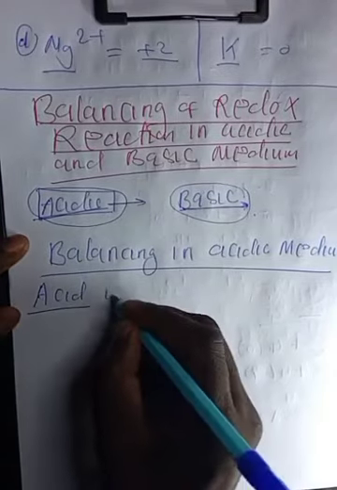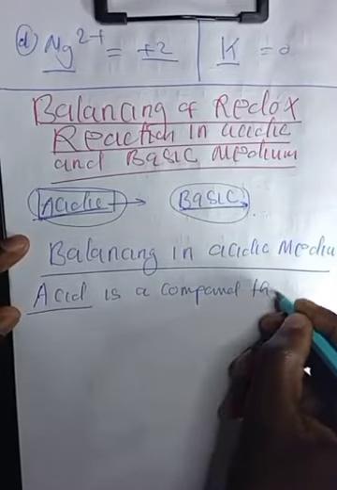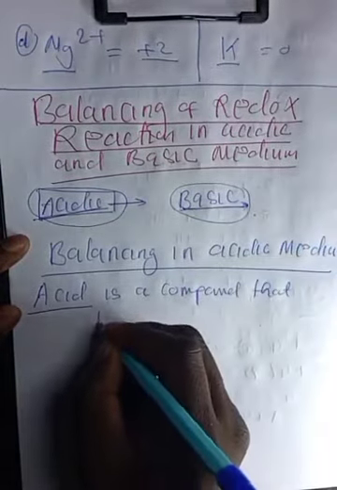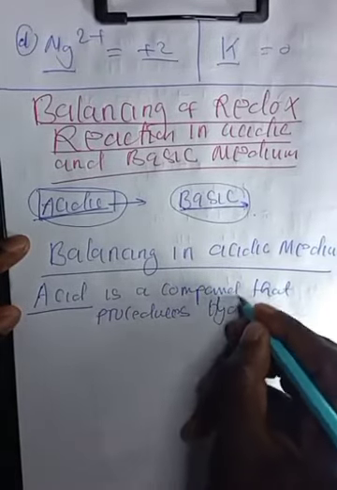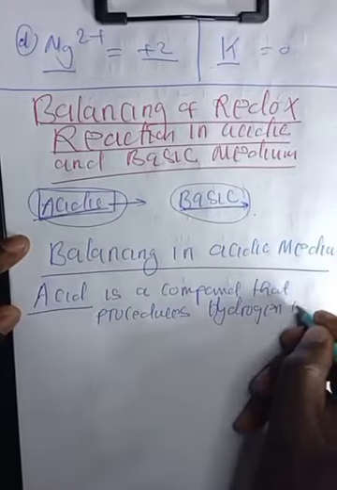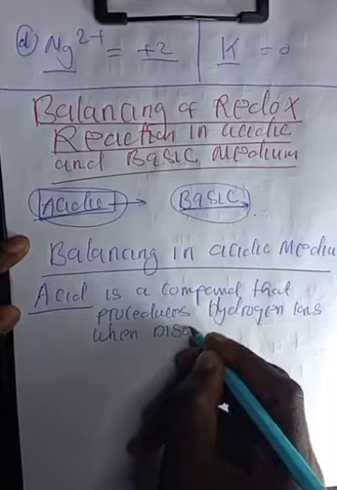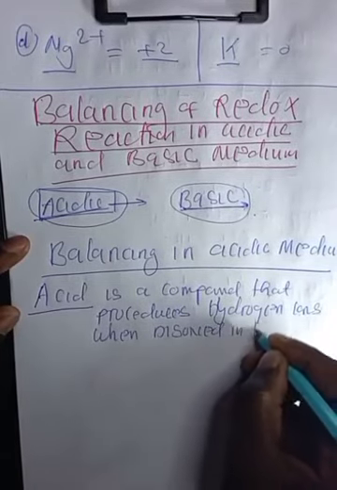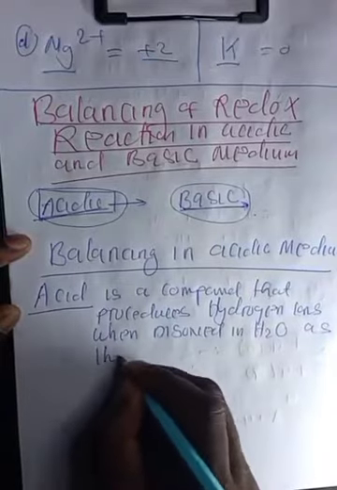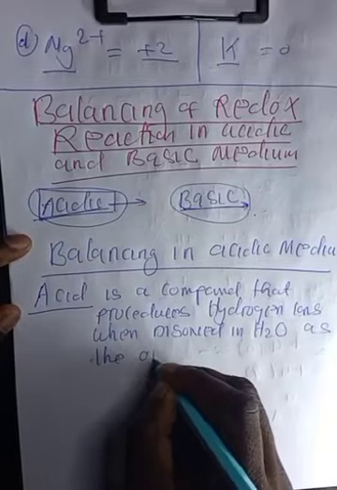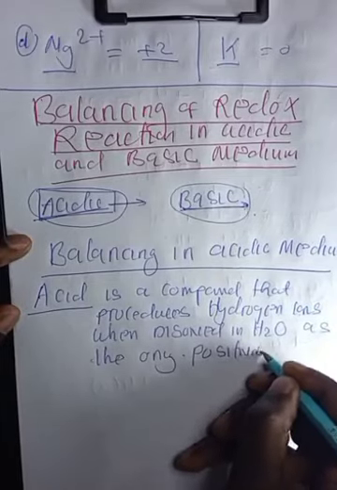An acid is a compound that basically produces hydrogen ions when dissolved in water. So just write H2O, when dissolved in water, as the only positive charge.